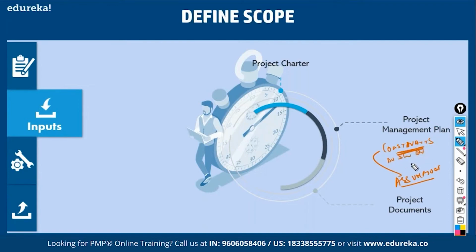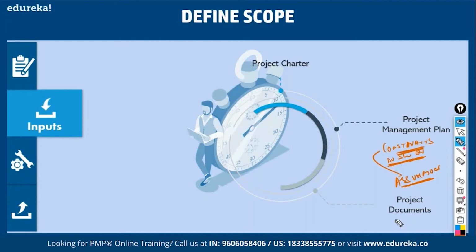Quality criteria is a constraint. You cannot violate them. So when you define scope and deliver a product, you have to keep all this in mind. Within how much money should I complete? Within what time do I have to deliver? What are the basic quality criteria I have to meet? These are all constraints. Then you also make some assumptions about a product. This is an example of a project document.